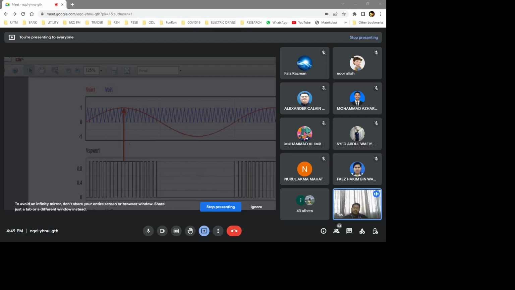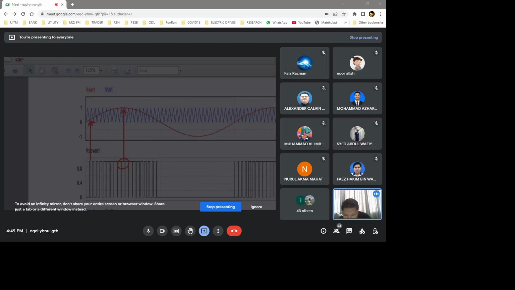Because the carrier signal is greater than the sinusoidal signal, that's why it gives an output of 1. If you look closely here, it gives that pulse, a very small area where the carrier signal is greater than the modulating signal.